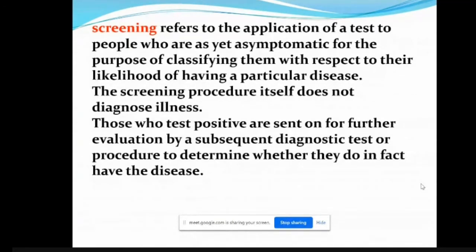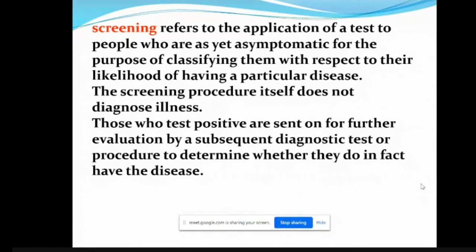So they will be classified into screened positive and screened negative. And of course, those who are screened positive will be sent for further evaluation by a diagnostic test so that appropriate treatment can be given to those detected persons to prevent progression of disease or complication of the disease.